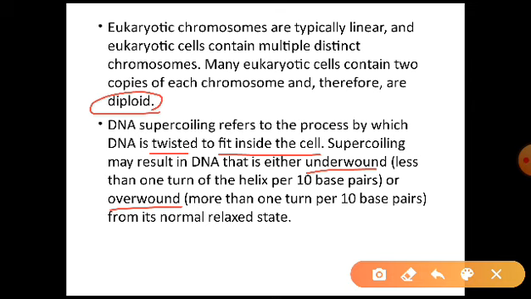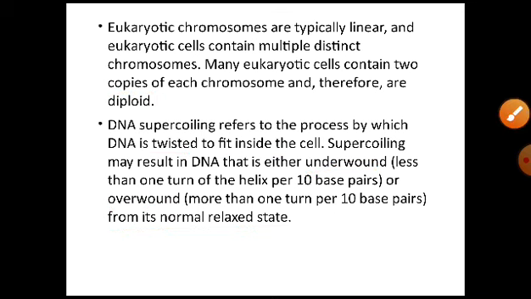If it is underwound, then less winding of that DNA happens, and if it is overwound, then more than 1 turn per 10 base pairs from its normal relaxed state is observed.